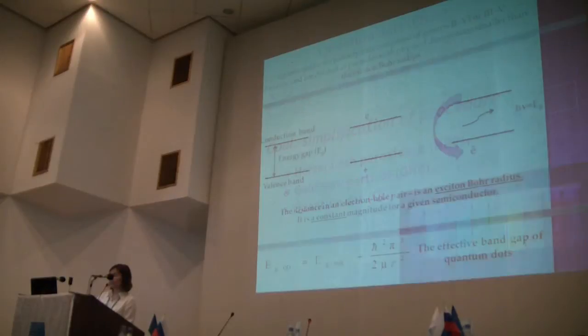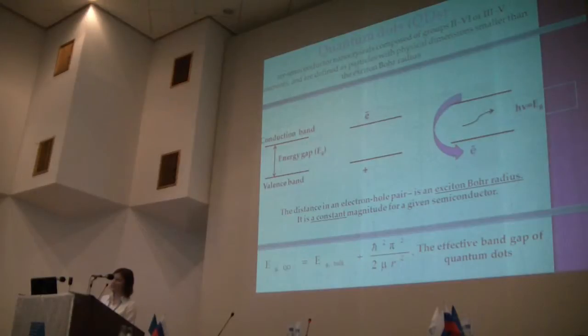What are quantum dots? Quantum dots are semiconductor nanocrystals, defined as particles with physical dimensions smaller than the exciton Bohr radius. Each semiconductor is characterized by a special energy gap and also a special exciton radius, which is the distance between electron and hole.